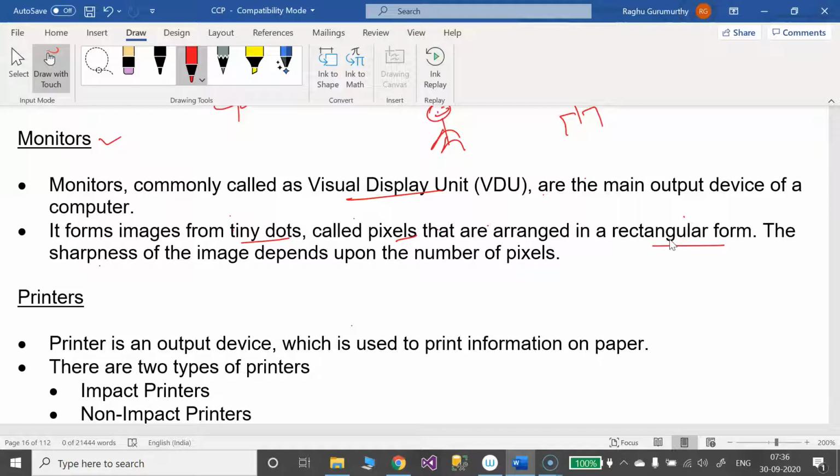If you consider an image, internally it consists of many dots. We call these dots pixels. So the sharper the image, the more the number of pixels increases. Got it? This is with respect to monitors.